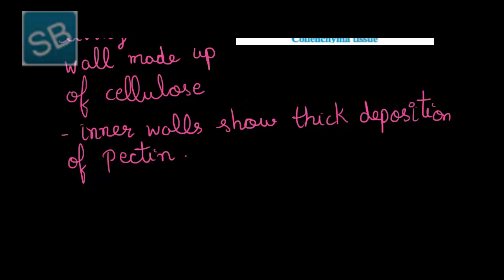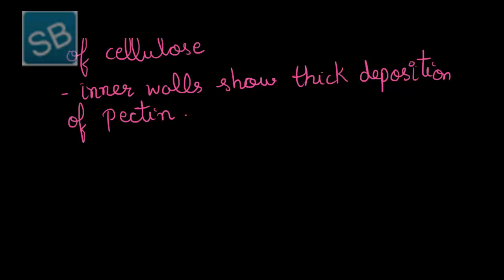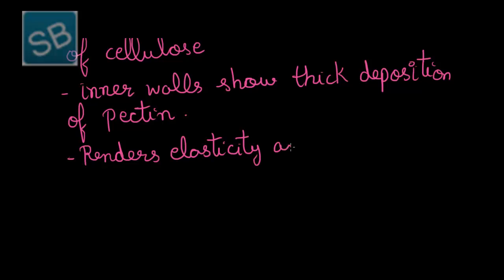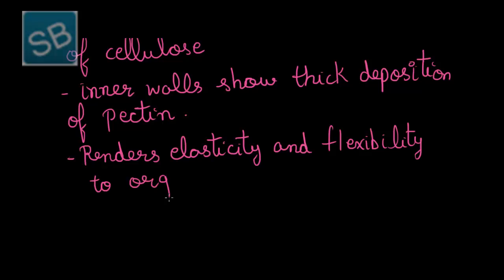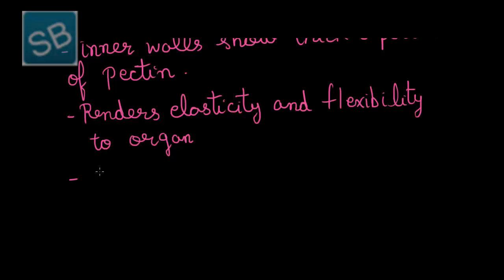Such thickening is more prominent in the angular walls where the number of cells join together. This tissue renders elasticity and flexibility to the organ. Unlike parenchymatous cells, these cells are compactly arranged without any intercellular spaces.